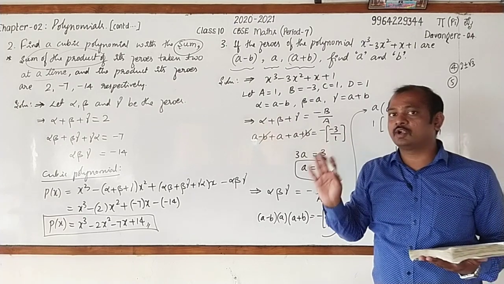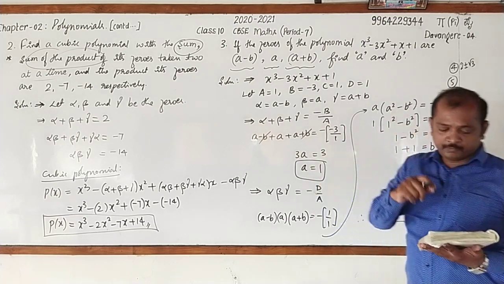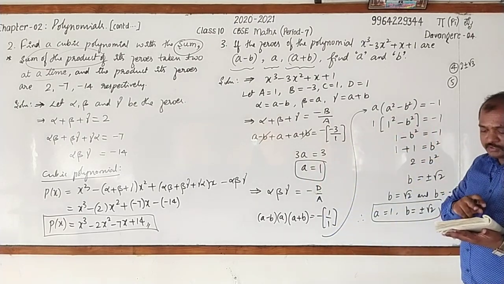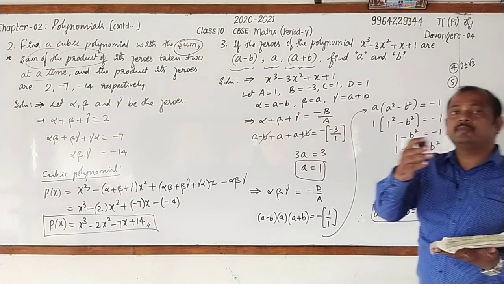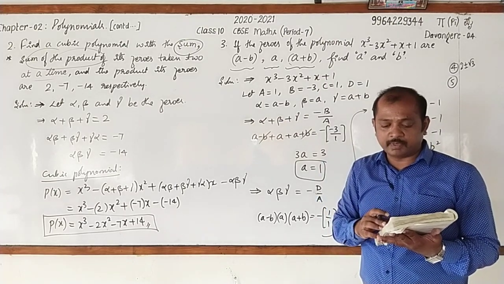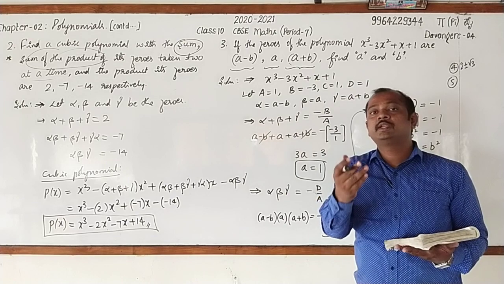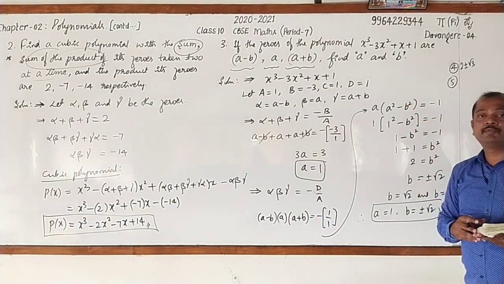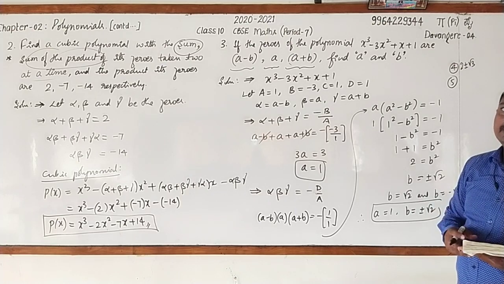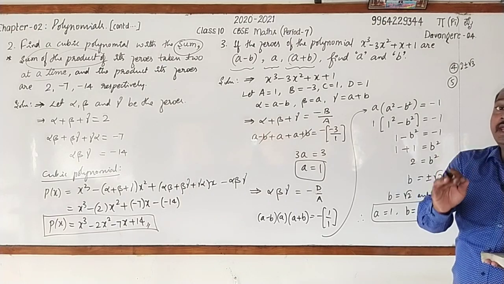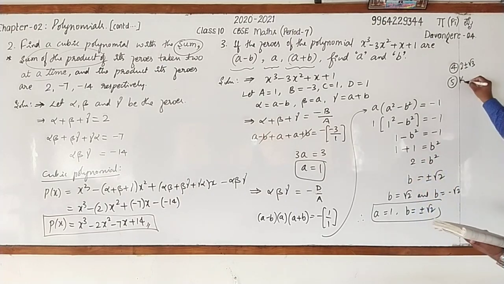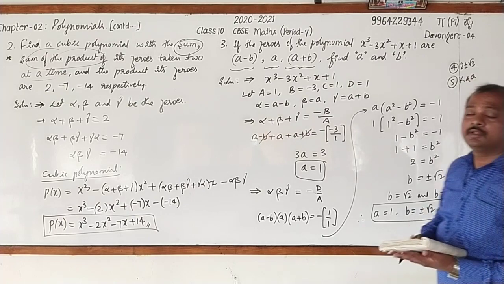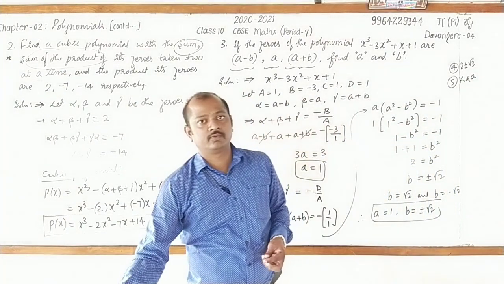We have already solved it. Right? And the 5th one is like this. They have given a polynomial, and when you divide that polynomial by x square minus 2x plus k, we get the remainder. The remainder comes out to be in the form of x plus a. Then we have to find out the values of k and a. Even this was also solved. Right?